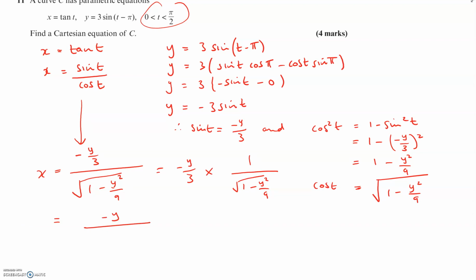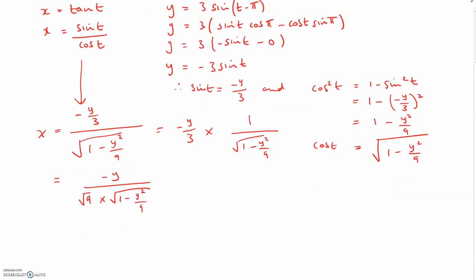And what I'm going to do is be a bit sneaky and write the 3 as root 9. And doing that means I can combine these two roots, which means inside the root now I multiply everything by 9, and I'll end up with that. That's all equal to x. So that looks a lot better. Can't really do much more with it, so we're not going to. And this is the answer that they get in the textbook as well. So we're going to leave it as it is.